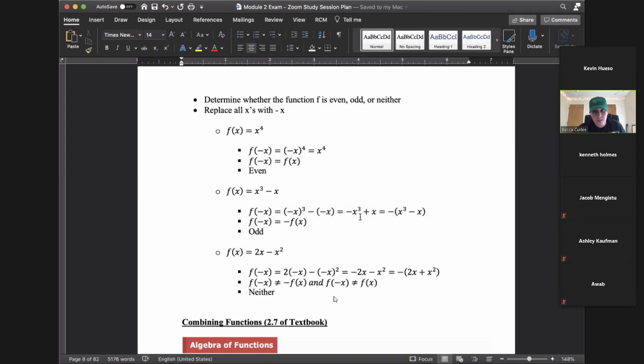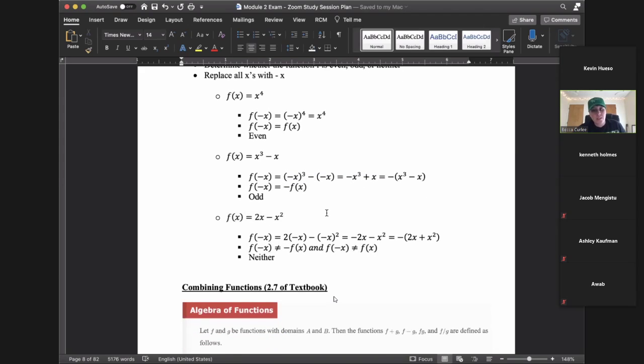So we get -x^3 + x, because minus the negative x is plus x. Then by factoring out this negative sign, we get -(x^3 - x). All we did was take the negative out to see if f(-x) equals -f(x), and it does. So this is an odd function.